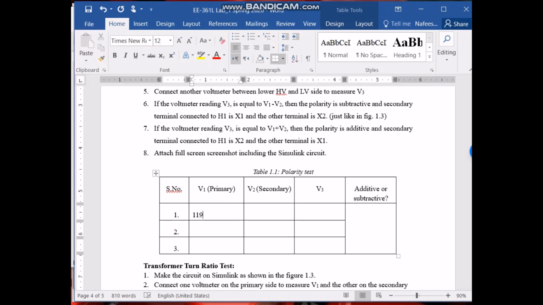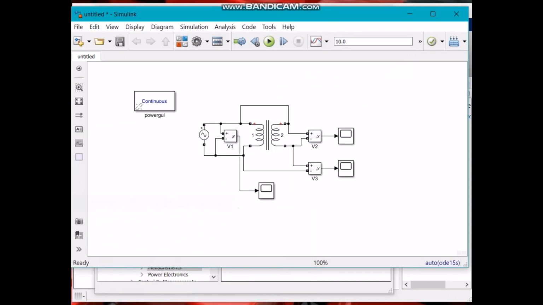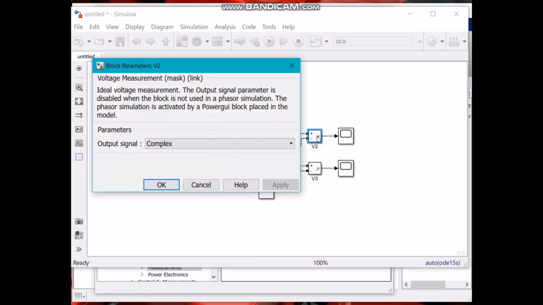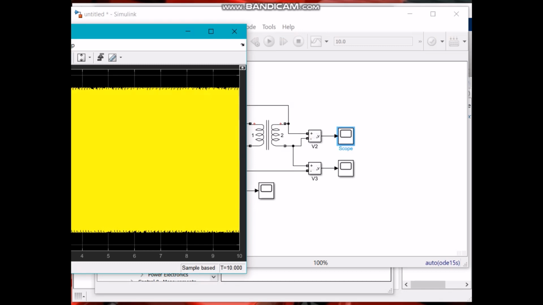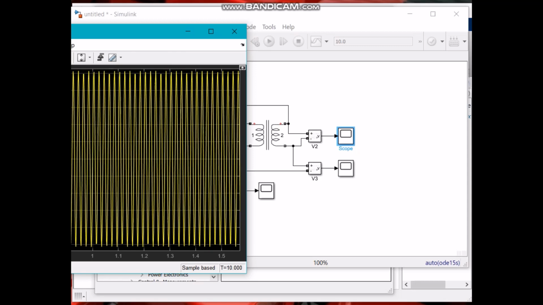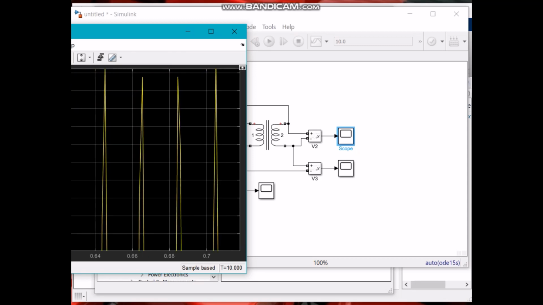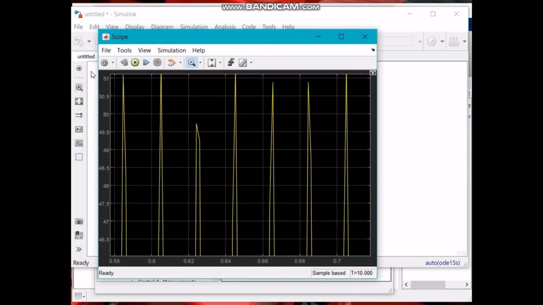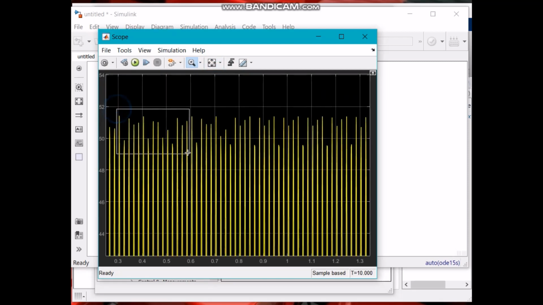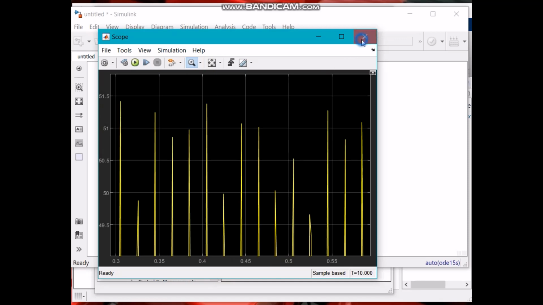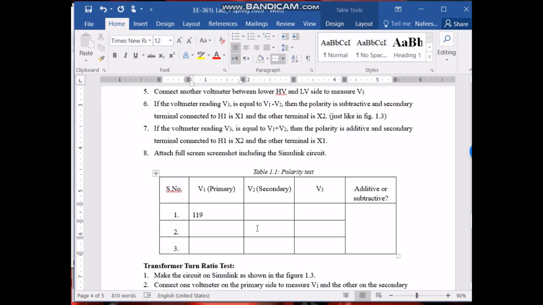So 119 is V1. Okay, what about V2? V2 is around 51.